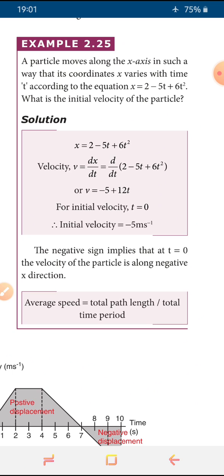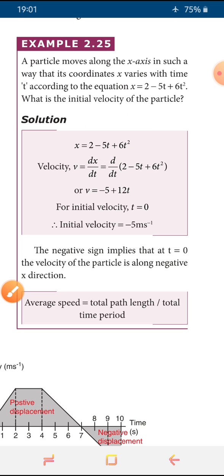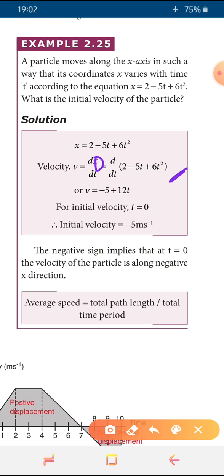Now in the solution, first we write the given equation. x is equal to 2 minus 5t plus 6t square. Then we can write velocity v is equal to dx divided by dt. In place of x we substitute 2 minus 5t plus 6t square.